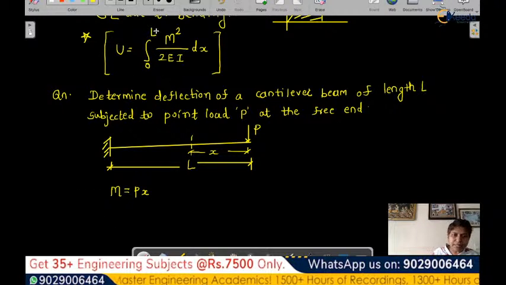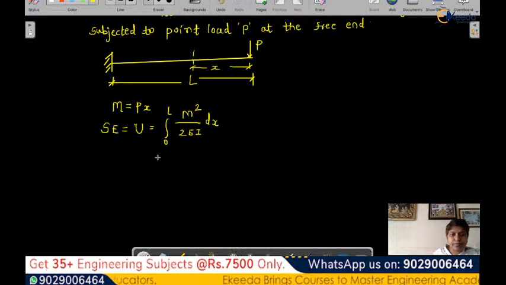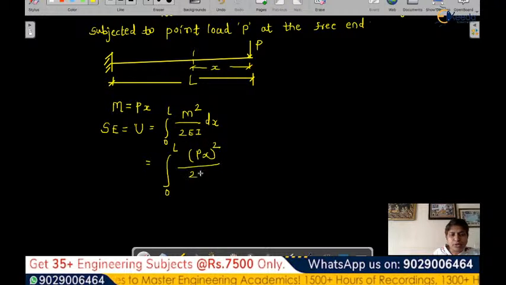With this equation, we will get the strain energy. When M equals Px, let's substitute it in this equation. So strain energy U is equal to integral from 0 to L of M square by 2EI dx, which is equal to integral from 0 to L of (Px) square by 2EI dx.